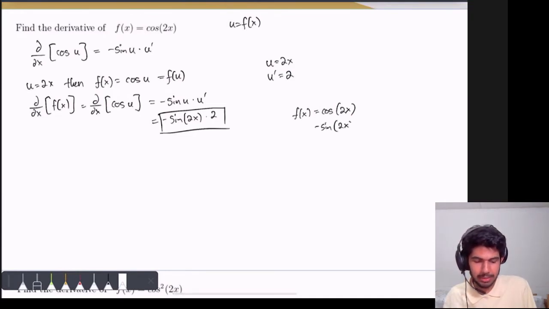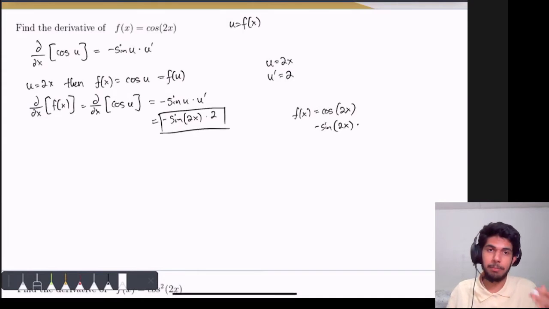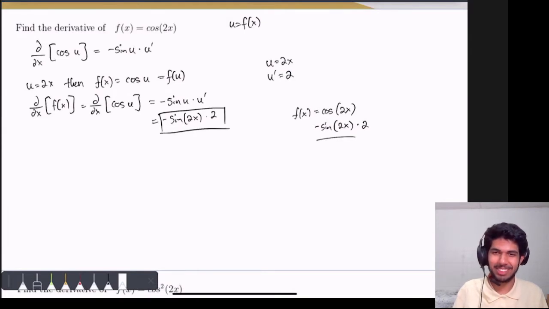We keep the inside intact, and then we multiply it by the derivative of the inside. We de-stuff it, so we multiply it by 2. And we get the same answer. So yeah, we saw both ways of doing it. And definitely the faster way is more conventionally done just because we do derivatives so often.